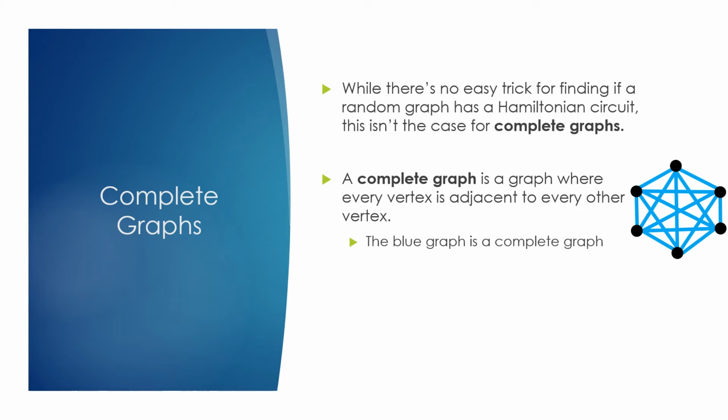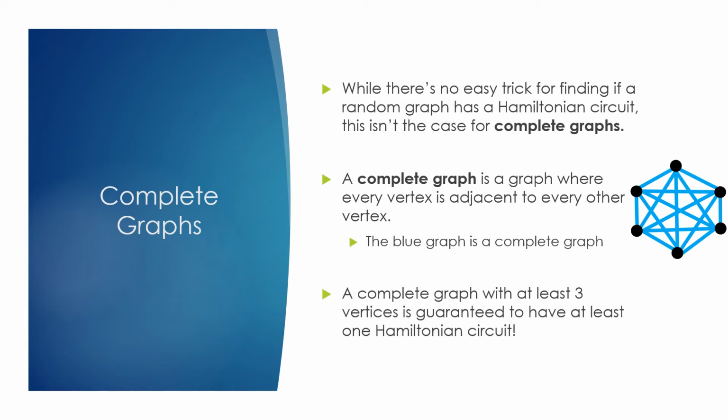So this blue graph, for example, is a complete graph, because you'll notice that every vertex shares an edge with every other vertex. And a complete graph with at least 3 vertices is guaranteed to have at least one Hamiltonian circuit. If you have 1, then you don't have any edges. If you have 2, then you're just a line segment. But 3 is a triangle, and a triangle is definitely a Hamiltonian circuit.